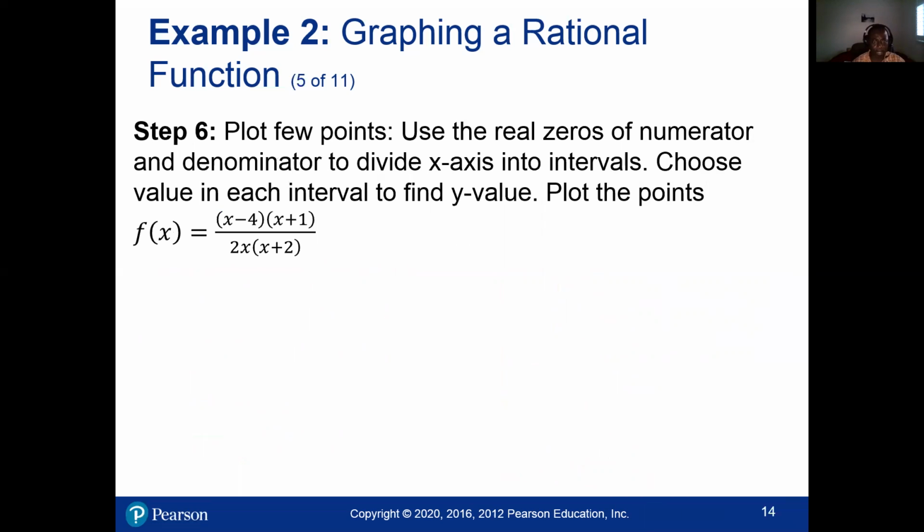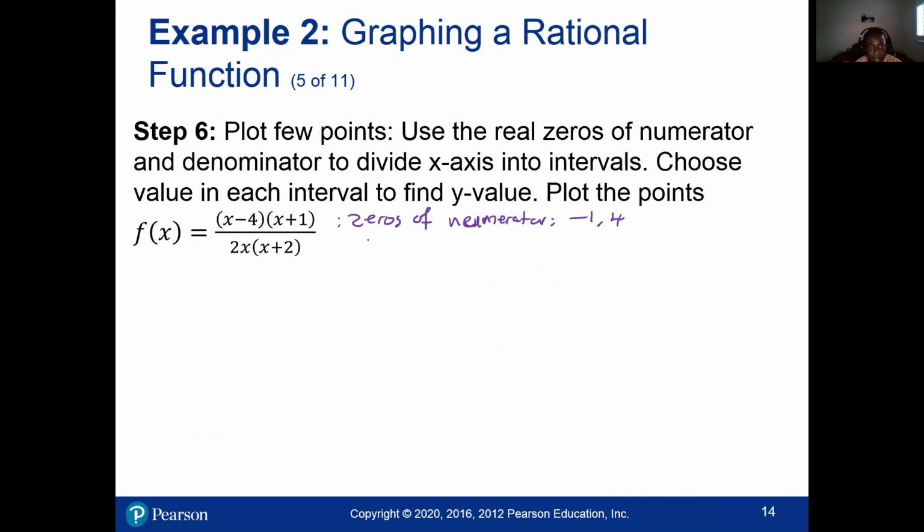Okay, so now let's go to this last but one step. Plot a few points. Here we look at the zeros of the numerator. If you set each of the factors to 0, we get minus 1 and 4.